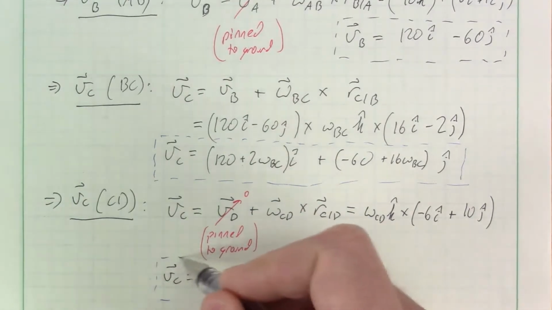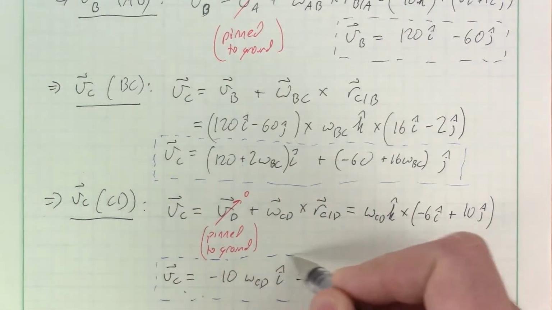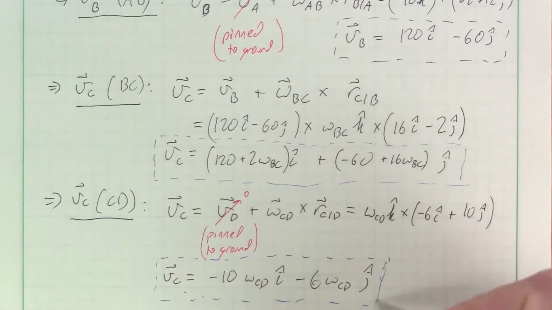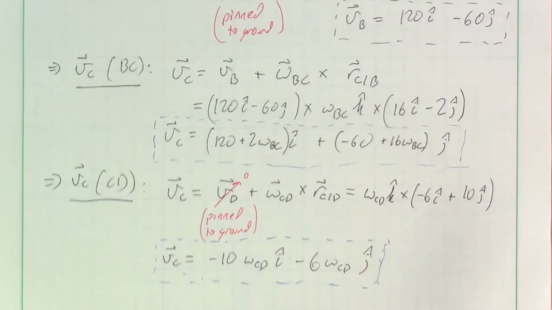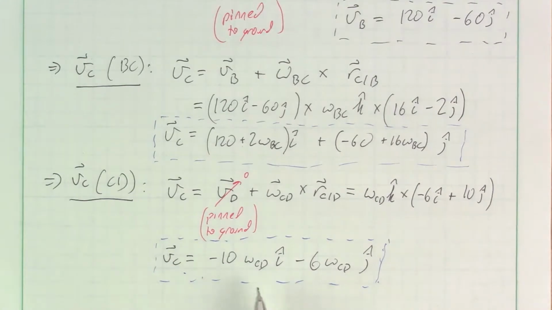Okay, so now we have two relations for what the velocity at C is. And these both scale together, right? So at this point we could draw the velocity at C. Once we know what omega CD is, we at least know what the direction is, because omega CD could be positive or negative. Either way, it's going to be along a line that is more horizontal than vertical, with a positive slope.